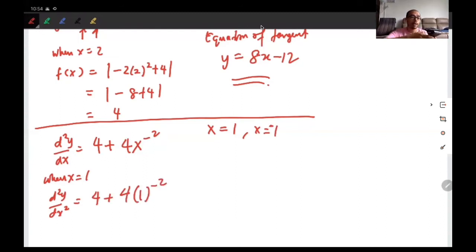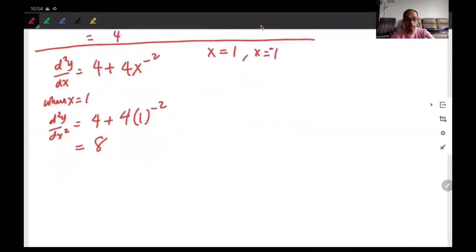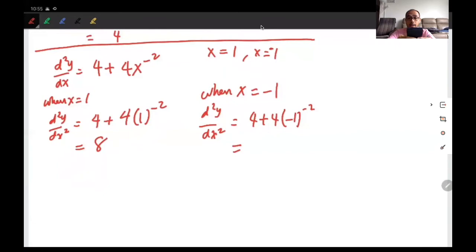This is a simple calculator step: I will get 8. When x equals negative 1, my d2y/dx2 equals 4 plus 4 times negative 1 to the power of negative 2.